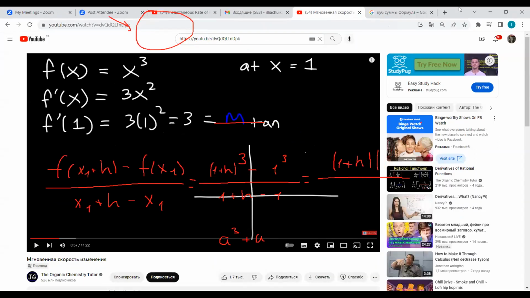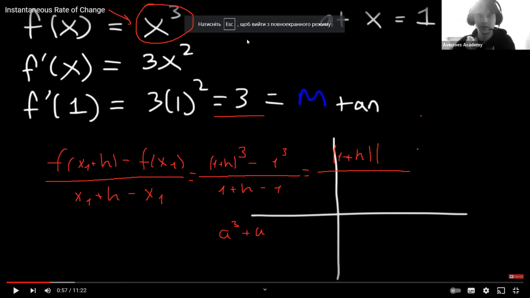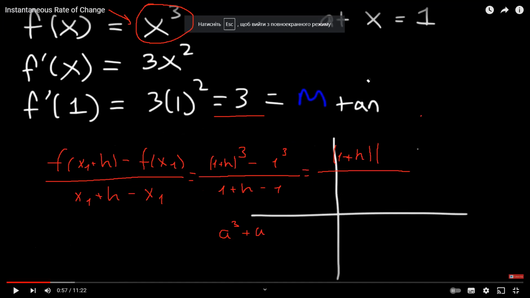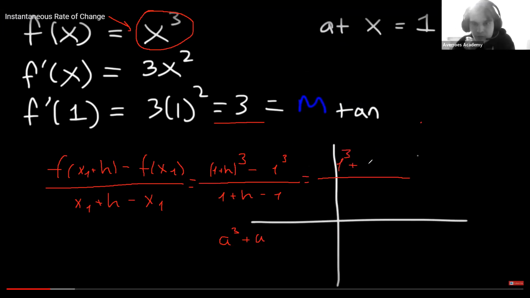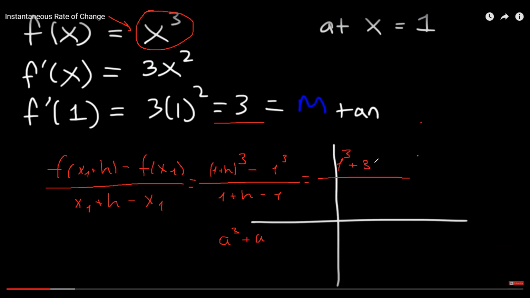So it'll be a cubed plus 3a squared, and then b.